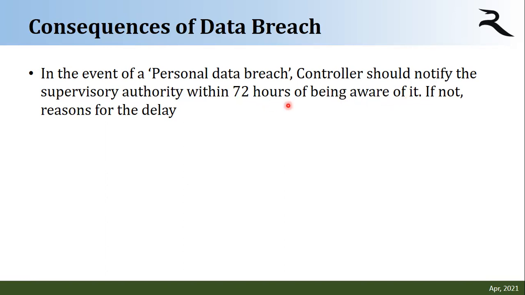Now, this can get a little subjective, but with enough trail of information and data, we can prove when you got to know, right? Everything is through emails and many other media, so you cannot bluff on that. So from the time any function in the organization gets to know that there has been a data breach, within 72 hours, you need to inform the supervisory authority, who is nothing but a relevant authority in the government of the European Union.